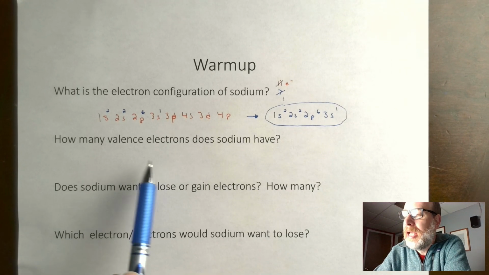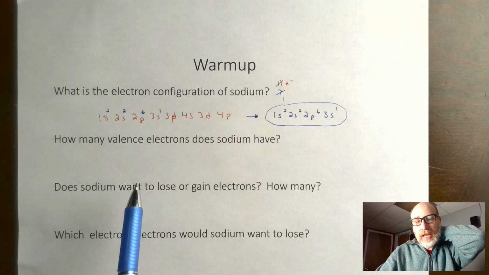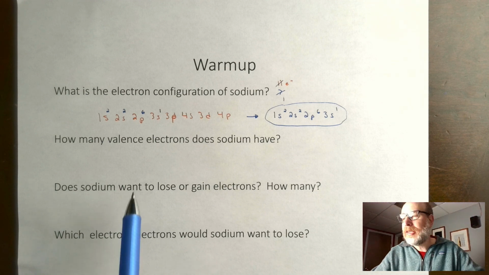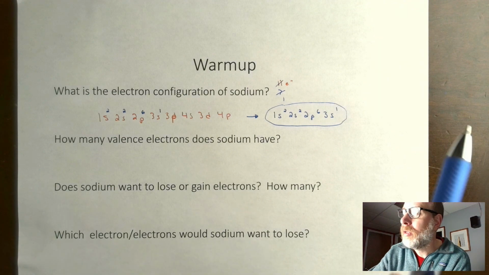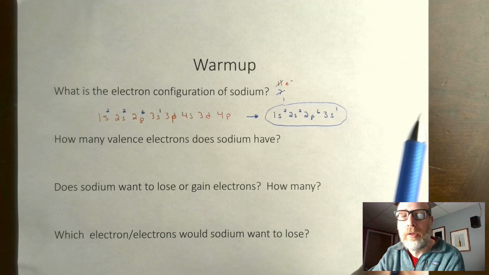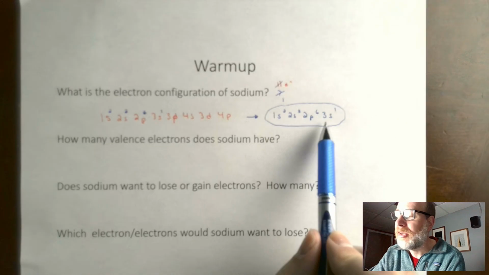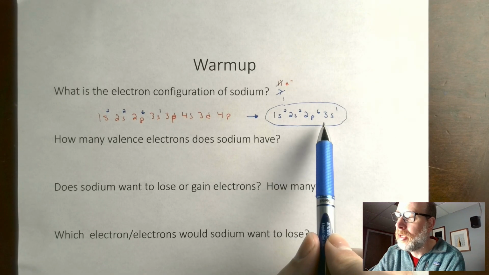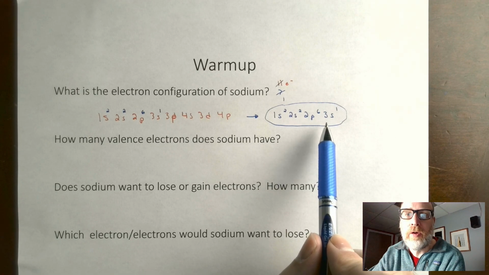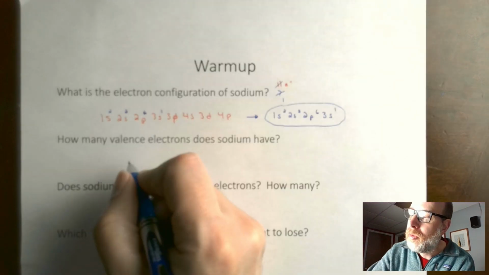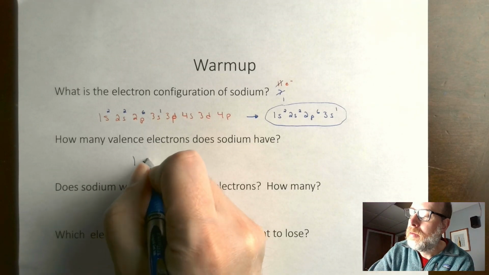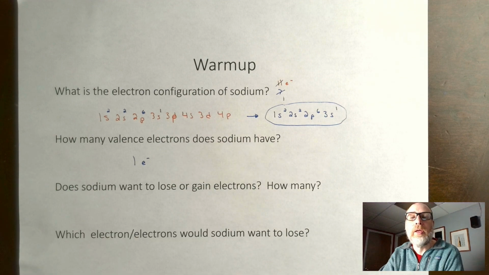So the highest energy electrons in the atom are in the highest energy level orbitals. In sodium, what's the highest energy level orbital? Well, it's the 3s. Why is it the 3s? Because 3 is the largest number for an energy level. So in this case, there's 1 electron there. So there's 1 valence electron for sodium.